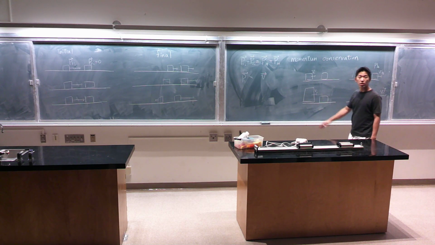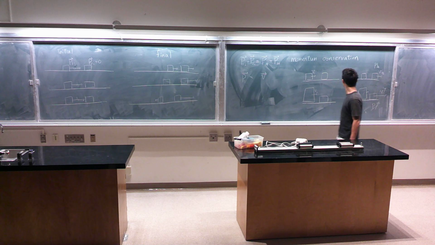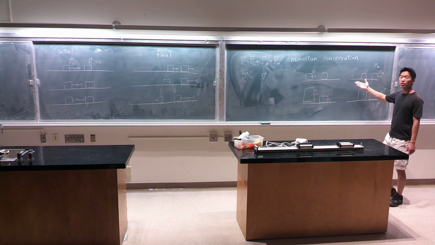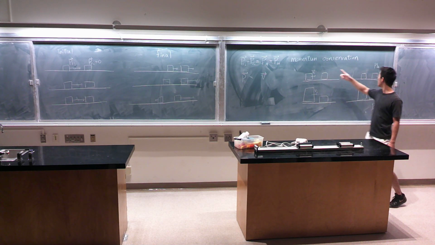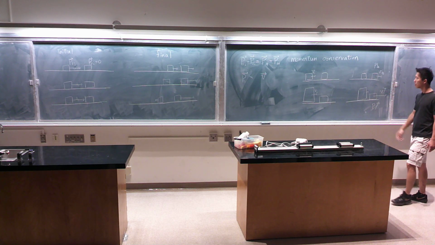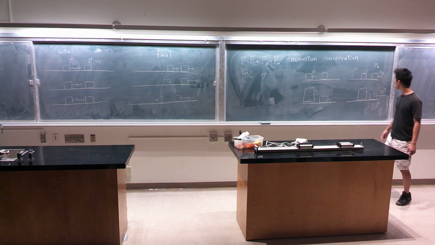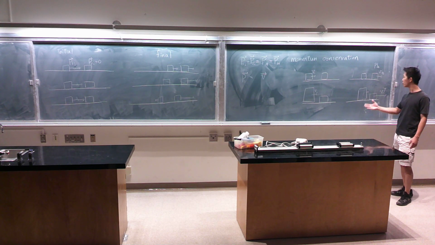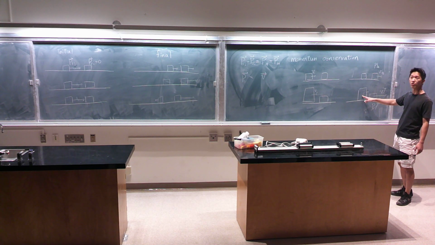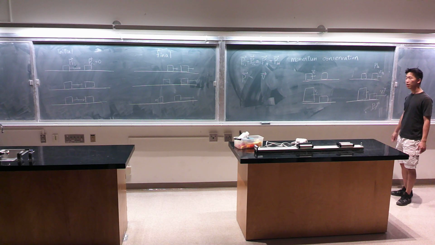Now, momentum is conserved. In this case, the first car gives all the momentum to the second car. In the second case, the first car did not give all the momentum to the second car because it was still moving at the final state.